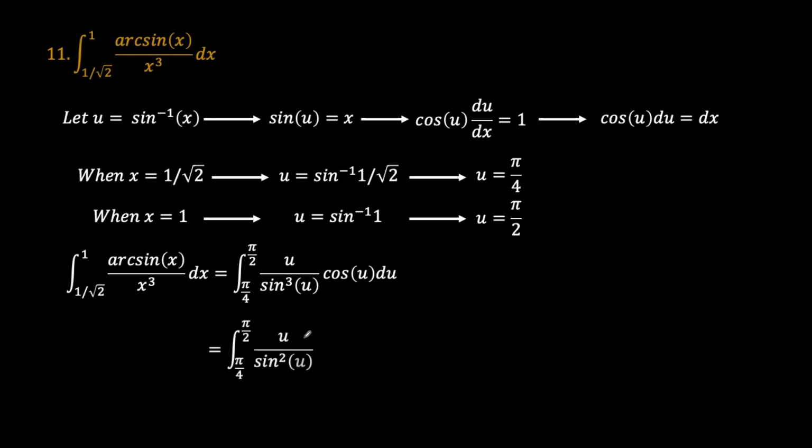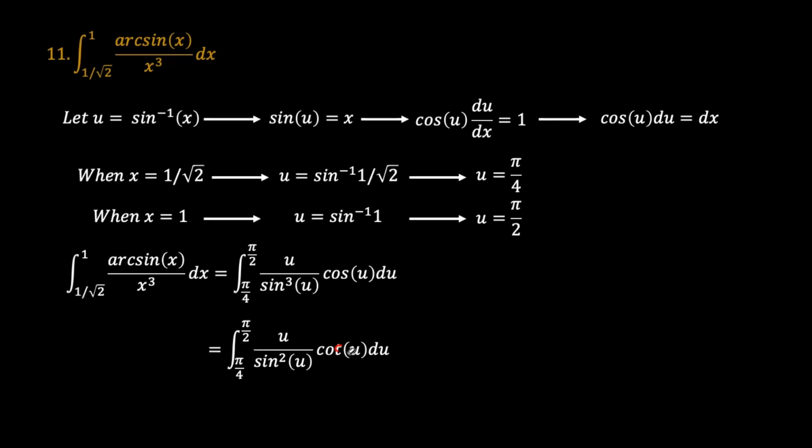I shouldn't be saying du. But what we're left with here is, I beg your pardon, u over sine squared u times cotangent of u.